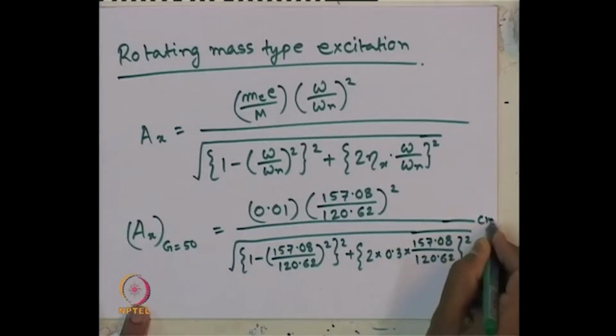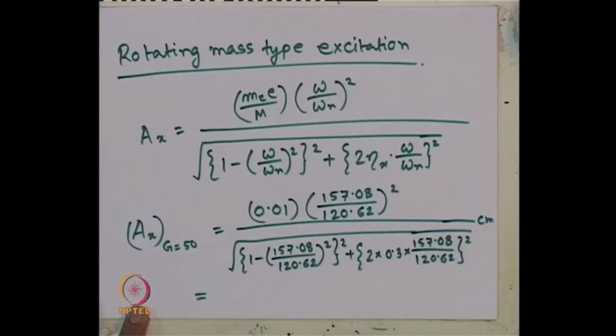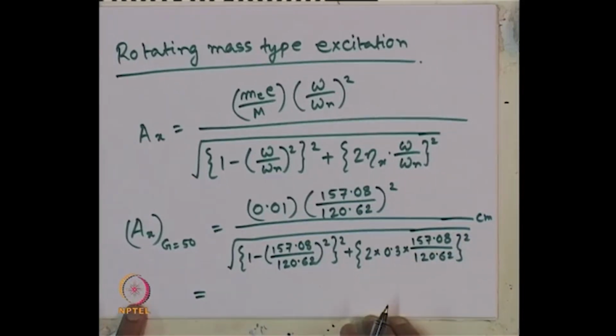So much of centimeter, and as I have already mentioned, it should give the same value as the constant force type, because the loading is the same and the operating frequency is also the same. So, it will be 0.162 millimeter.